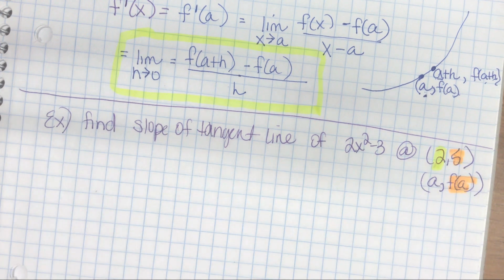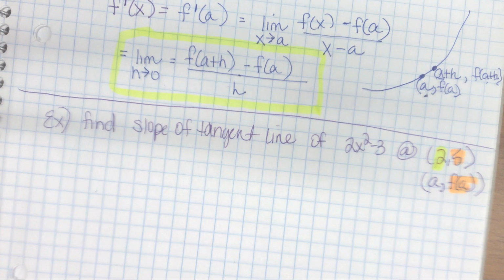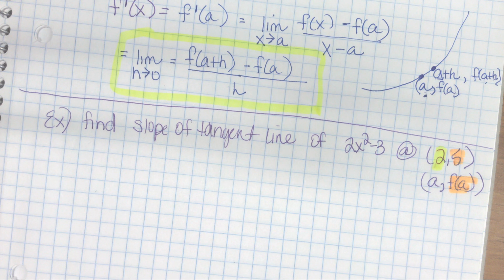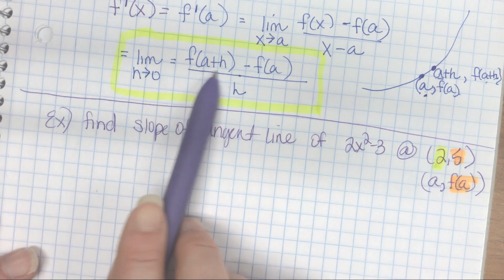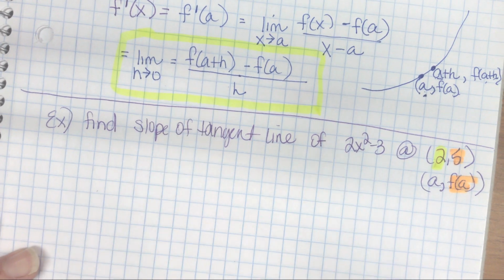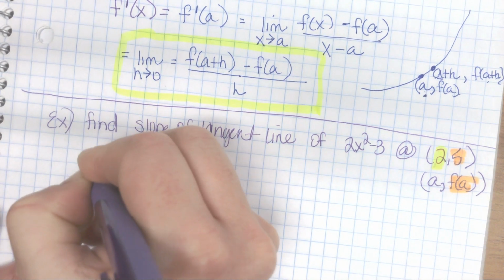But when we do this, we're going to have to do some algebra. Who is good at algebra? Do you remember how to square parentheses? You multiply it out by itself. All right, so let's first set up the formula. The formula for slope is: write down the limit as h goes to 0.